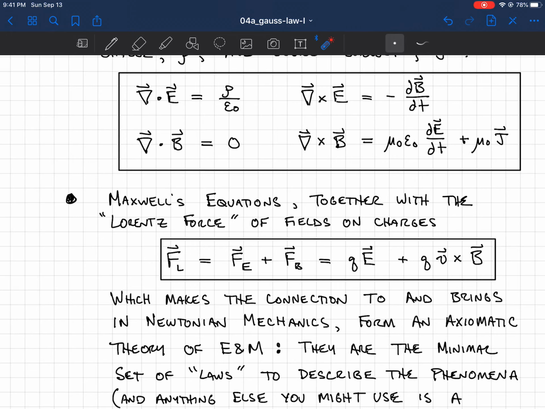Now, of course, these are difficult mathematical quantities to handle. Even if you understand completely what this vector calculus means, it's difficult to make calculations and to solve problems. So although the physical principles are simple and just a few of them, solving problems is difficult, and this leads to a very rich field.